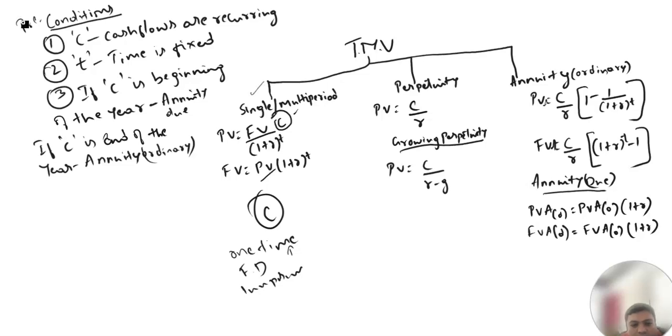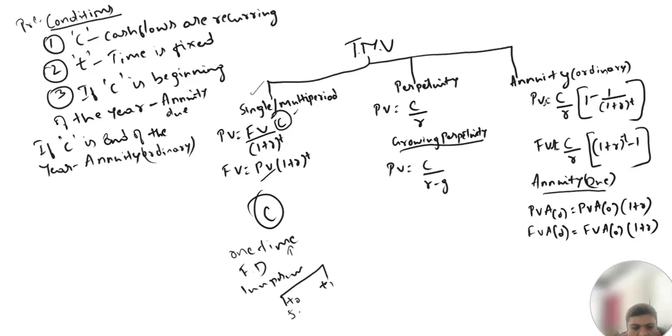In the single or multi-period case, you need to just draw the timeline. This T0 is today and T1 is expected. In the problem, whatever is given, just write that down. Suppose I'm investing 50,000 rupees and would like to know the value of 50,000 at the end of year one.